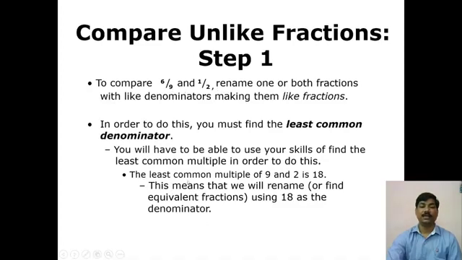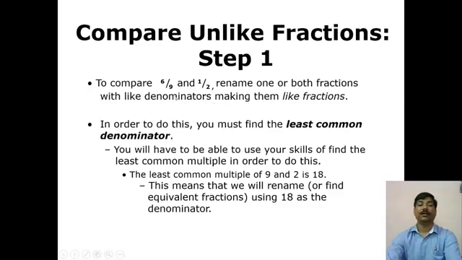So the least common multiple of 9 and 2 is 18. Now you have to find the equivalent fractions of 6 upon 9 and 1 upon 2. Both equivalent fractions should be equal in denominator. That means they must be like fractions.